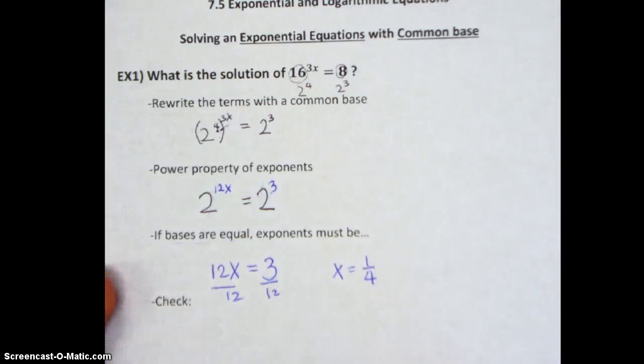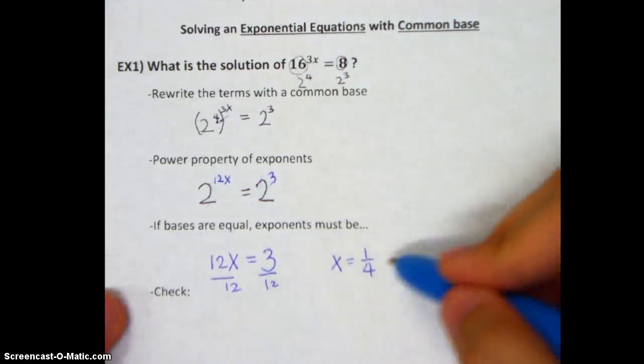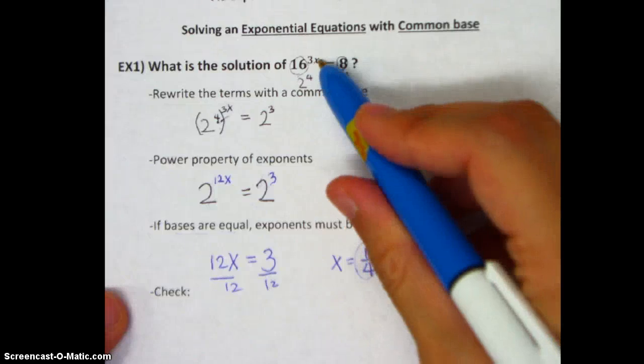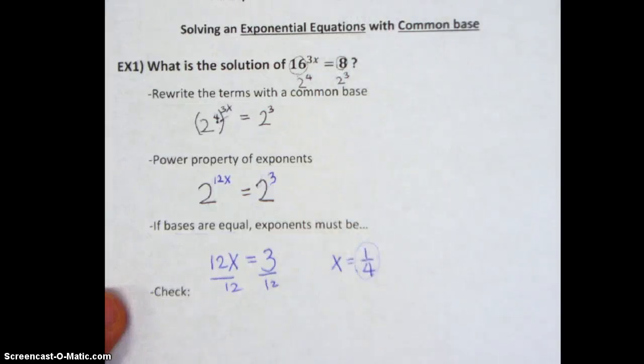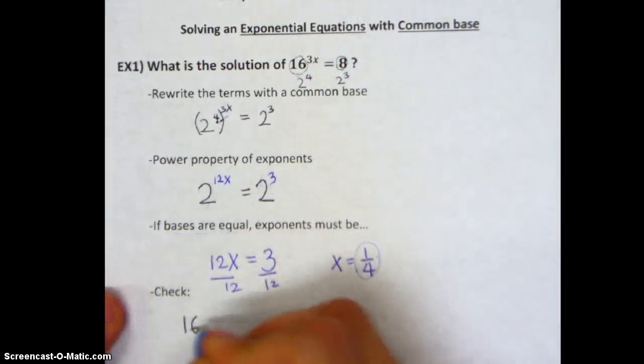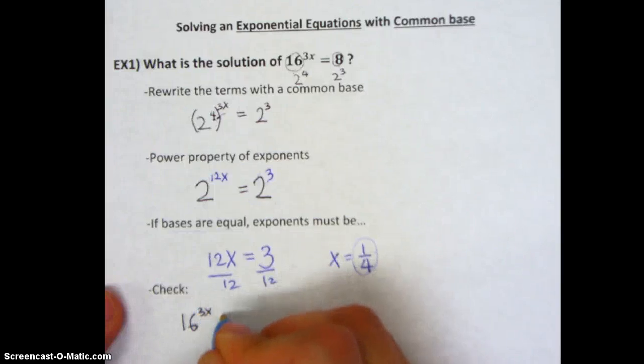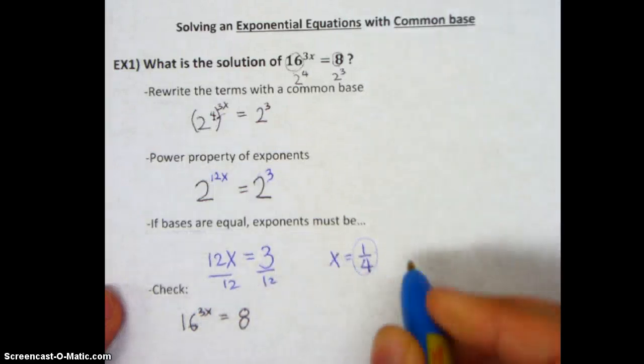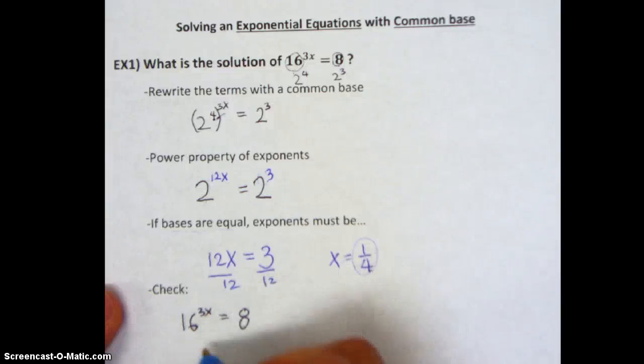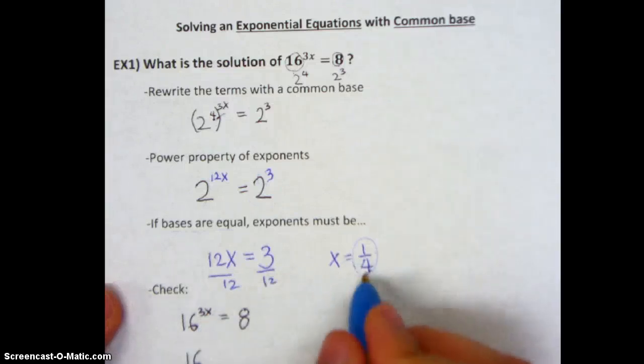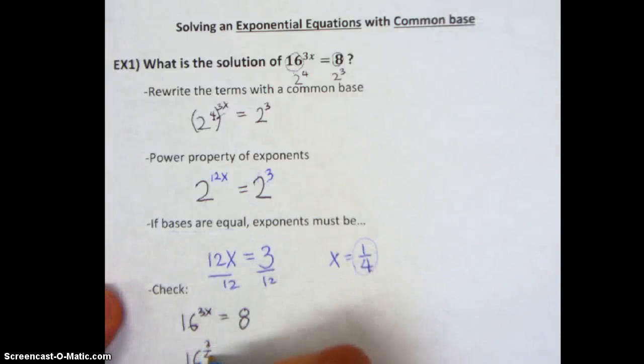Okay, just to make sure our answer is correct, I'm gonna plug 1 over 4 back into our original equation. The original equation was 16 to the 3x power is equal to 8. If I plug in 1 over 4 for x, I will get 16 to the power of 3 times 1 over 4, which is 3 over 4.